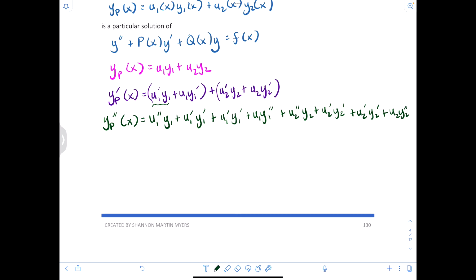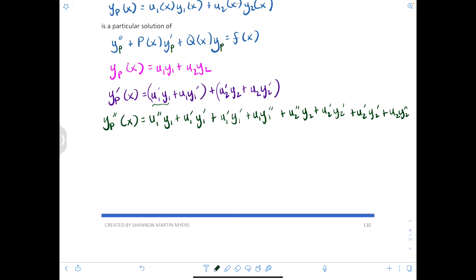just at the left-hand side, first of all, I will have y double prime, and then we want these in particular form. So yp, and actually let me put in the p's here, these should be particular.